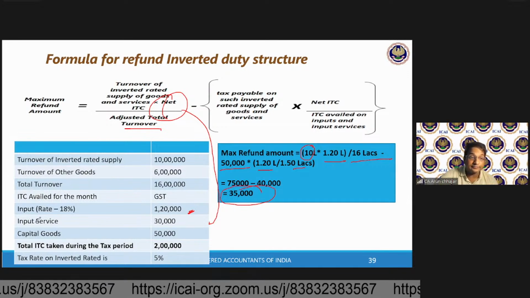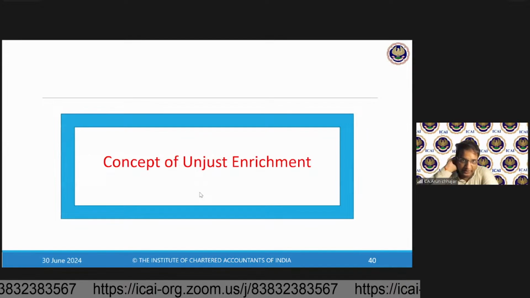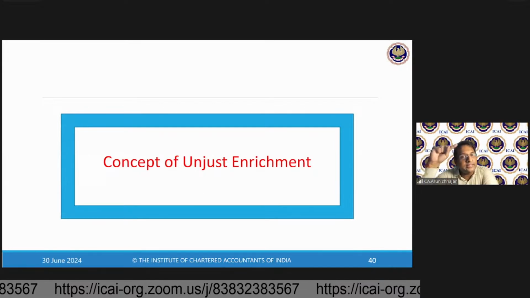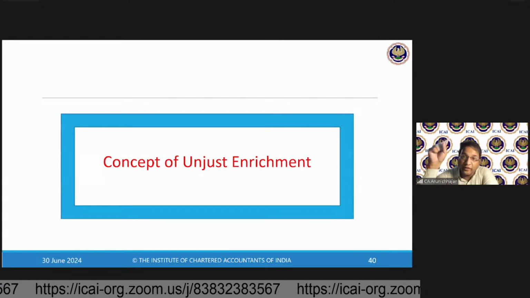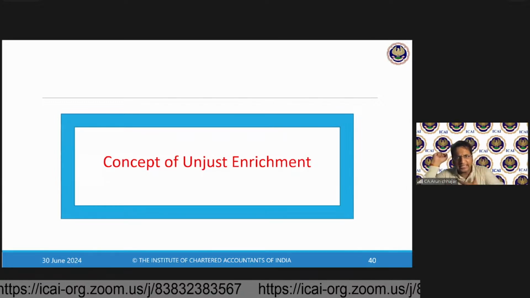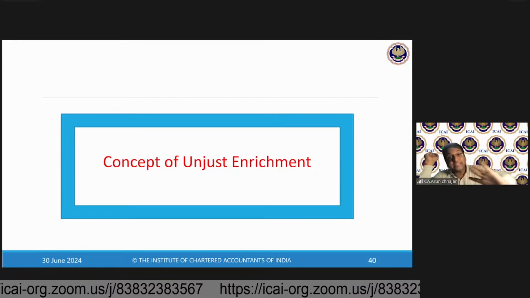I hope it is clear. The concept of unjust enrichment. What is the concept of unjust enrichment? See, refund is permitted when you have borne the incidence of the tax. Let's say I am making the supply to you. Assume any transaction which is permitted under refund.